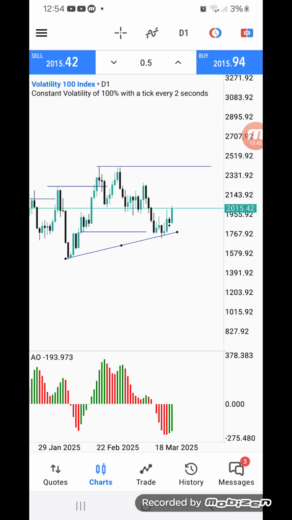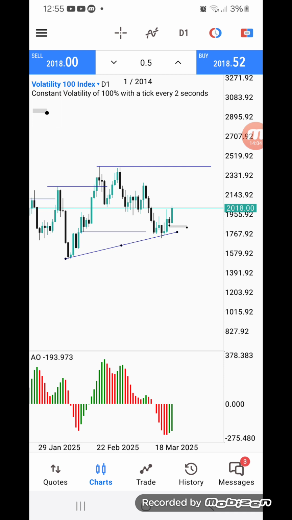Now we can see this was a bullish hidden divergence, and as we all know, with bullish hidden divergence the price normally creates higher lows.